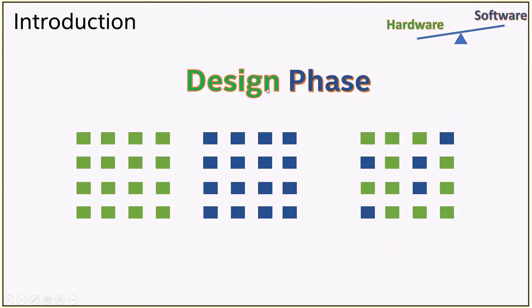In the design phase, this is one design. There are multiple blocks. Let's say this block is doing GSM positioning. This block is responsible for Ethernet. This block is responsible for camera. Like that, there are multiple blocks in a system.